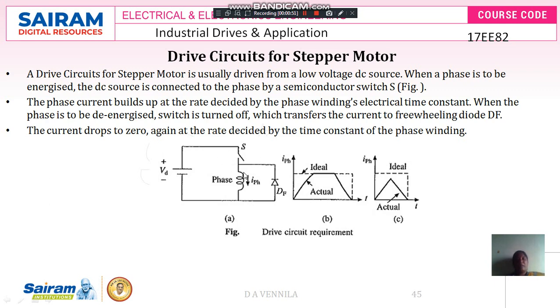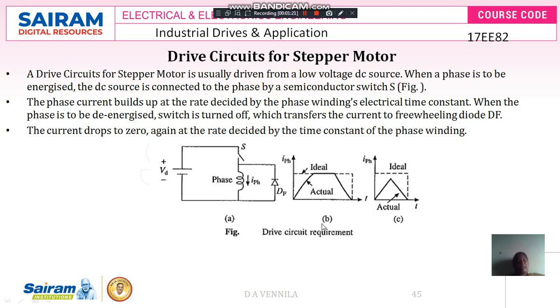Here the phase current, IPH, builds up at a rate decided by the phase winding electrical time constant.